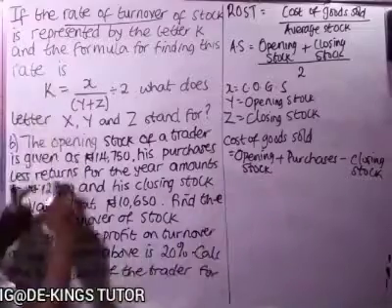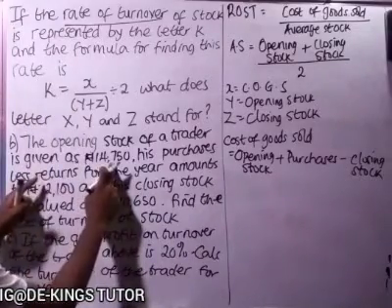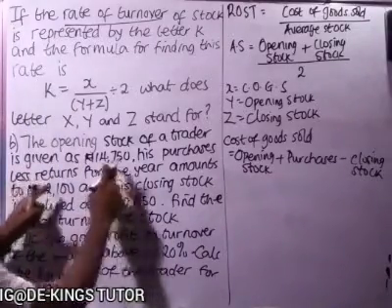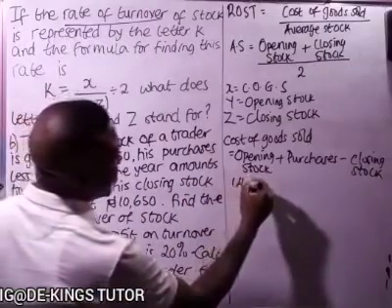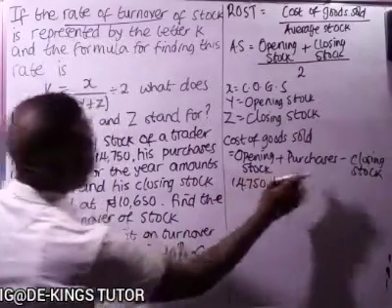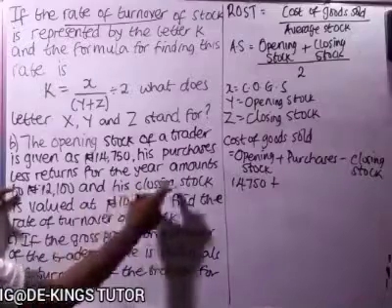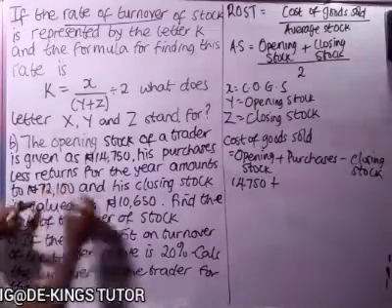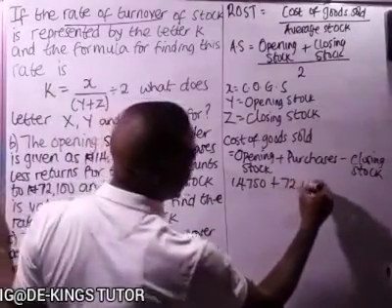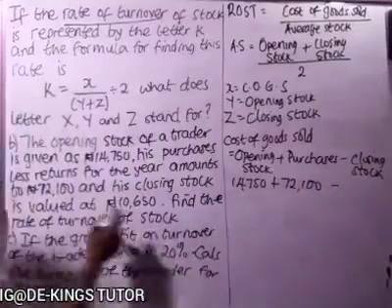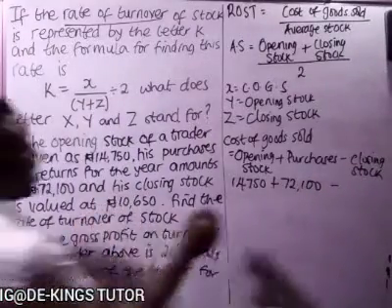Now, what's the opening stock? They said the opening stock is 14,750. So 14,750 plus, now, they say the purchases less return is 72,100 naira, minus the closing stock, which is 10,650.